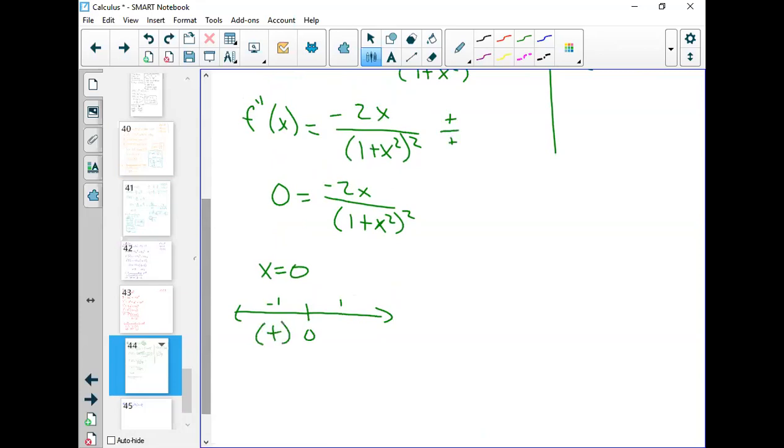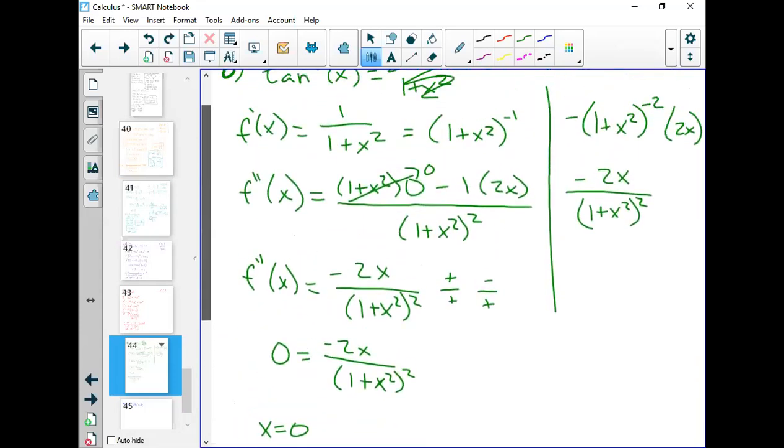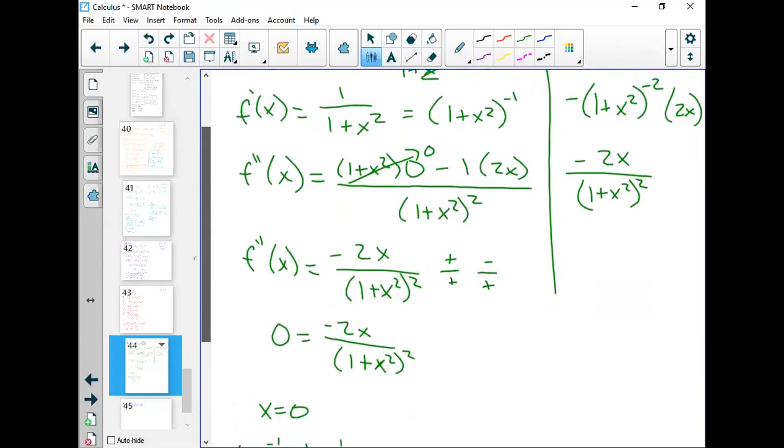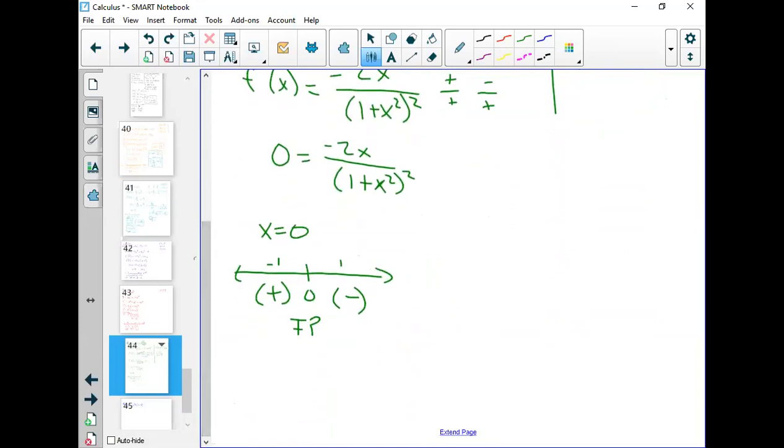If we plug in a +1, our numerator becomes negative, and our denominator is still positive, so that's negative. So yay, it is an inflection point. And I think starting on number 6, they didn't require you to do the intervals anymore. But if you wanted to, there it is.